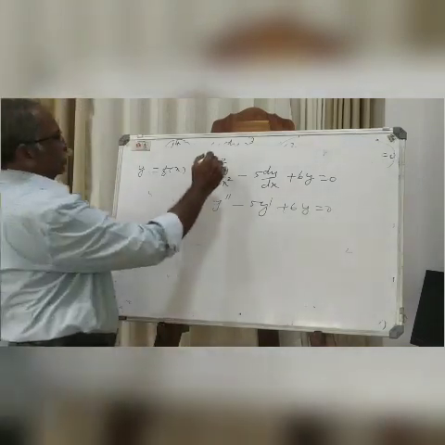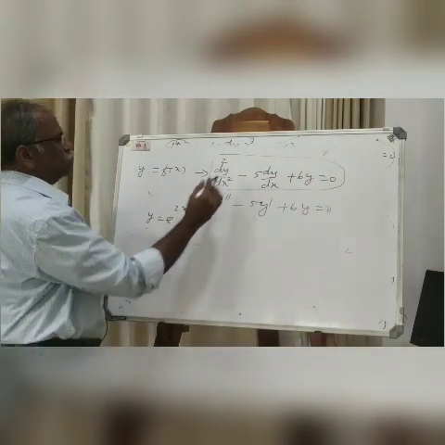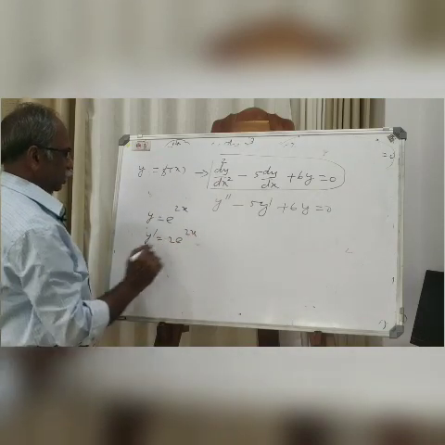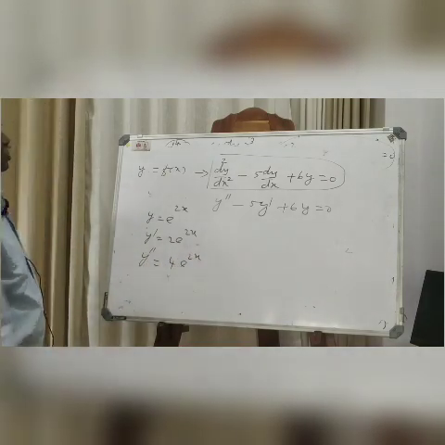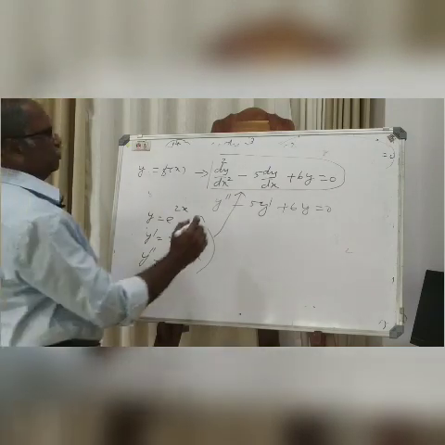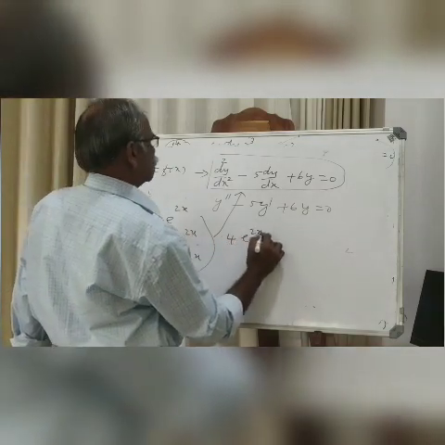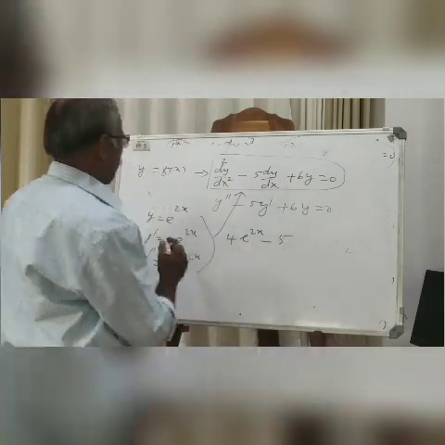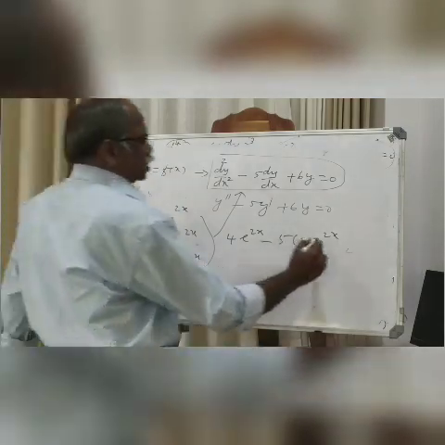So, for this differential equation, if you take y is equal to e raised to 2x, what happens? When y is equal to e raised to 2x, y dash is equal to 2 into e raised to 2x, y2 dash is equal to 4 into e raised to 2x. So, substituting this value there, instead of y2 dash, we have 4 e raised to 2x, minus 5 into y dash, 2 e raised to 2x, plus 6y.